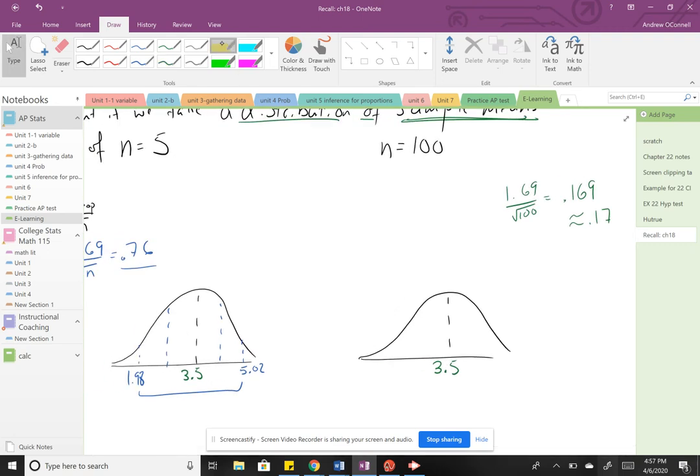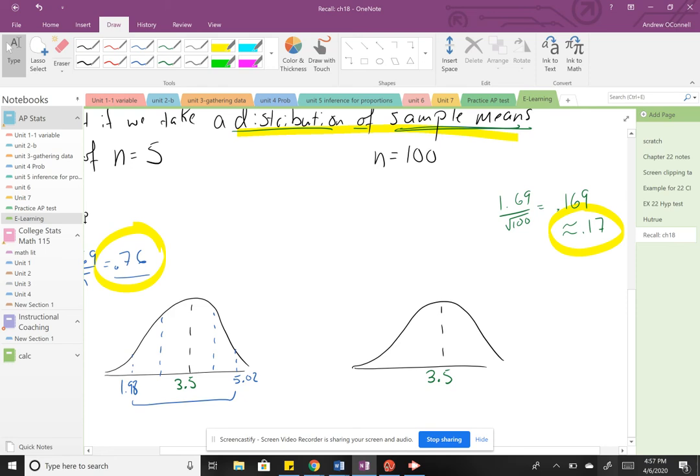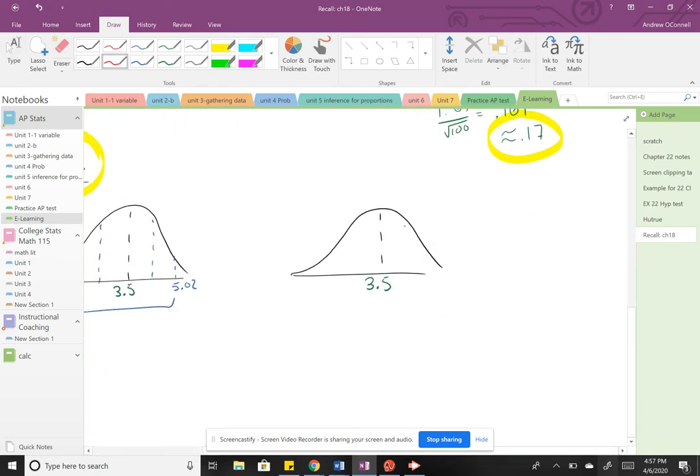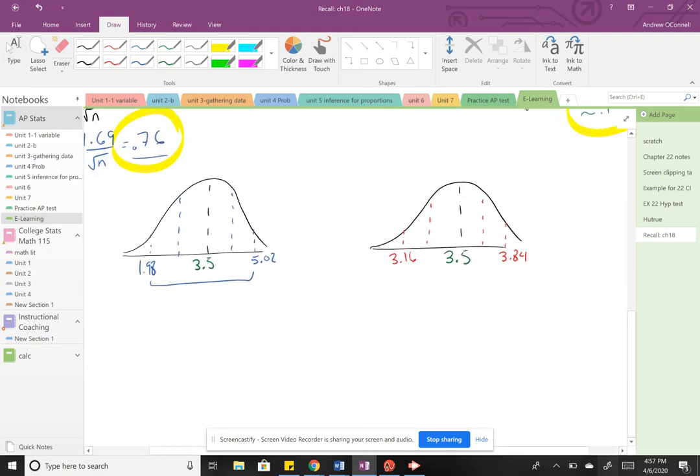It's worth comparing really quick the sizes of our standard deviations of sample means, meaning the larger sample size is much smaller than when n was 5. So if I go up 2 standard deviations, that'd be only 3.84. And if I go down 2 standard deviations, it's 3.16.